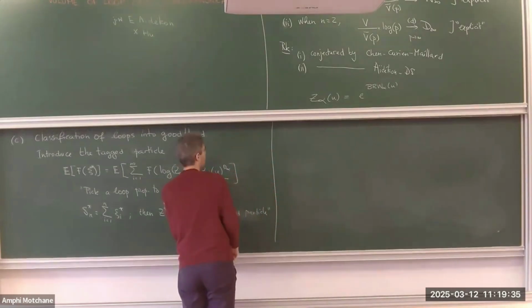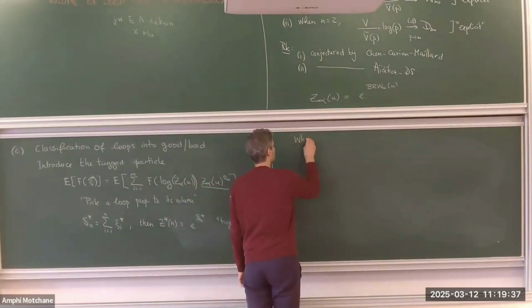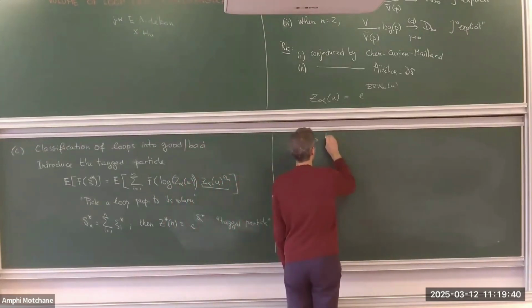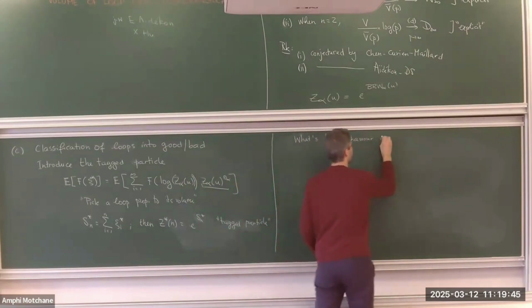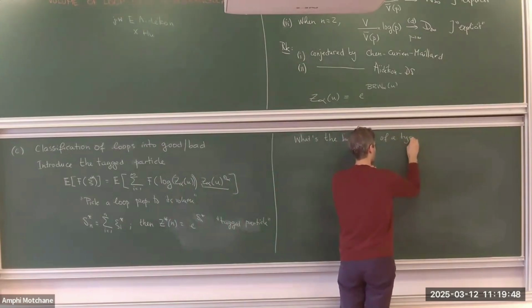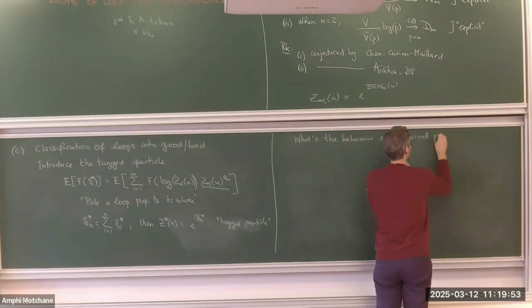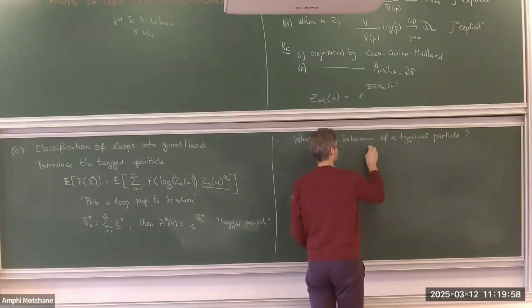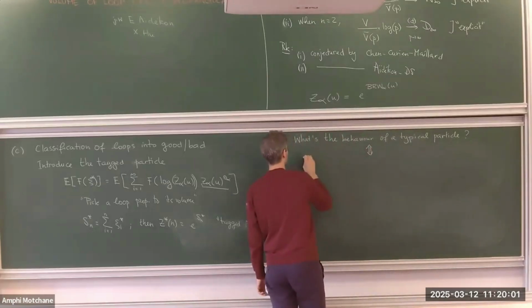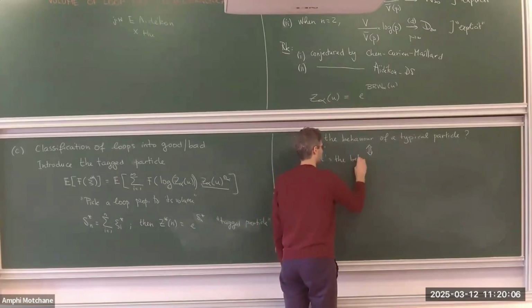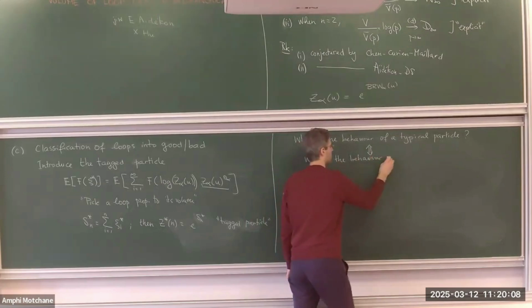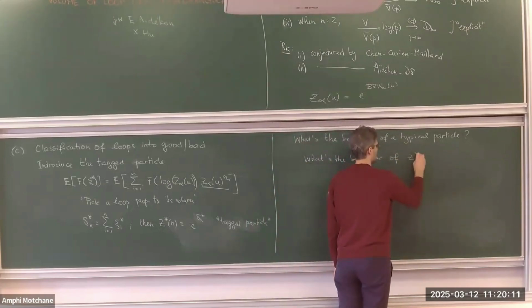And if you want to understand the question about the behavior of a typical loop in the system or in the limit, so a typical particle in your branching random walk, you can phrase this as: what's the behavior of Z star?